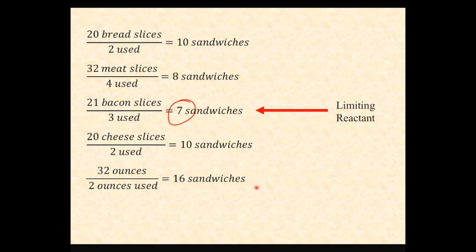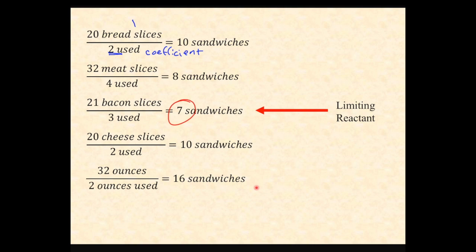Okay? Easy. All right? Now, this is just a sandwich example, but this is actually really close to the moles. Because if you think of these, bread, meat, bacon, cheese, and special sauce, are all objects on the left. Well, that's what a mole is. And the number used is going to be the coefficient in your equation.